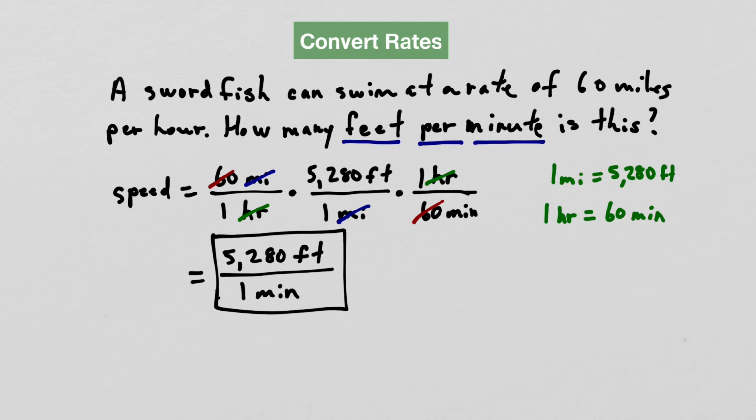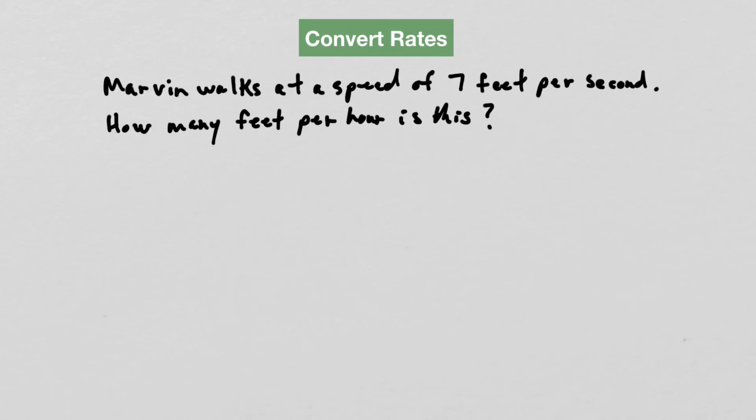Okay, so let's just do one more problem so that it starts to make even more sense. Marvin walks at a speed of 7 feet per second. How many feet per hour is this? Okay, so let's read it again, but a little bit slower.